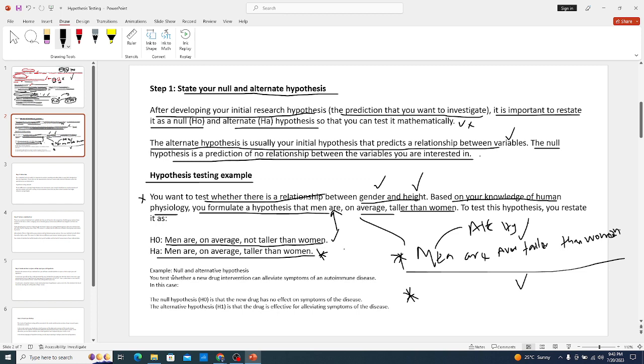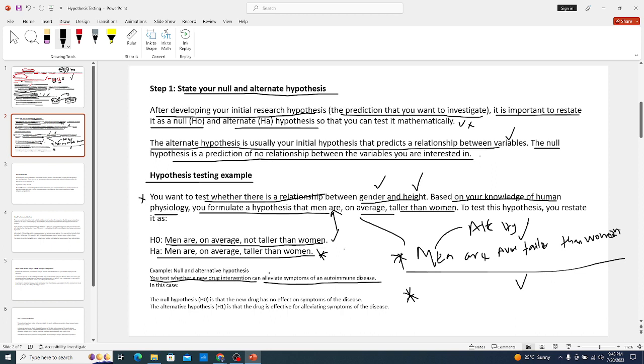Let's also check another example. You test whether a new drug, an intervention, can alleviate symptoms of an autoimmune disease. What will be our null hypothesis?